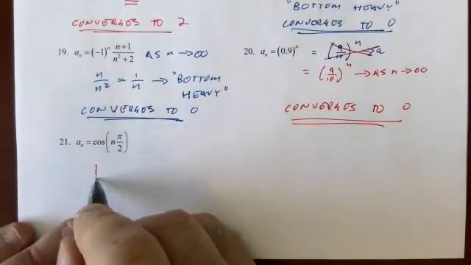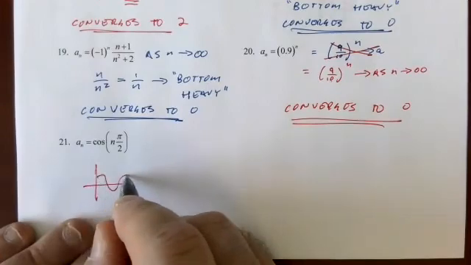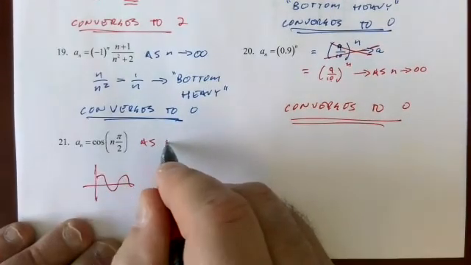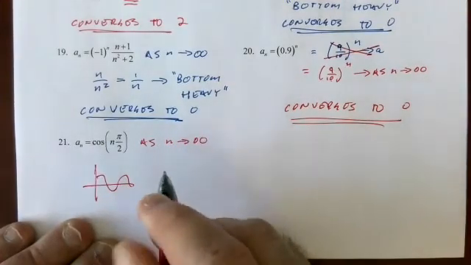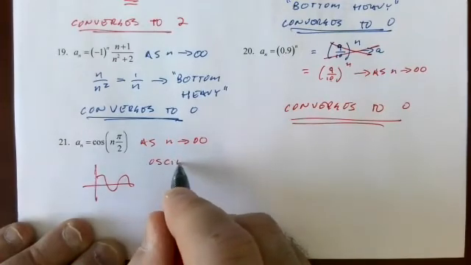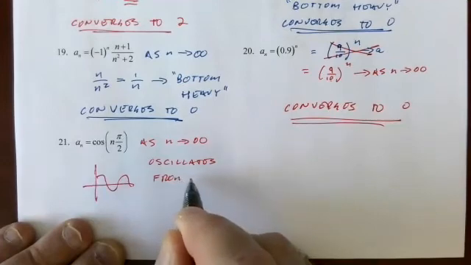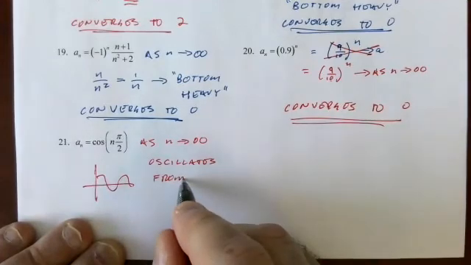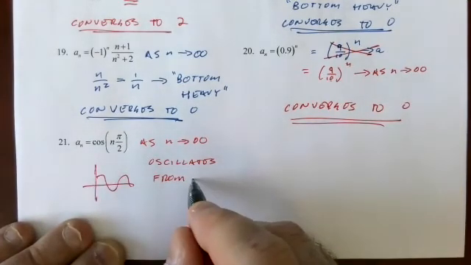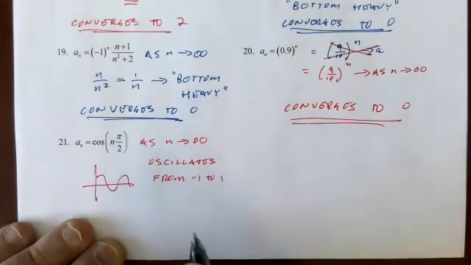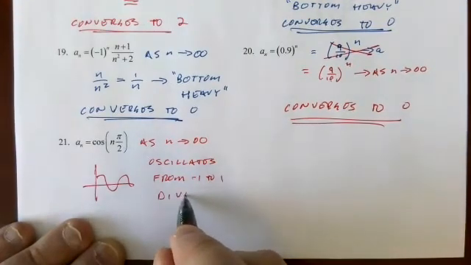Cosine just bounces. So as n goes to infinity, it's going to oscillate. I always put the smaller one first. Technically, I start at 1 and go to -1, but it's going to oscillate, so this diverges.